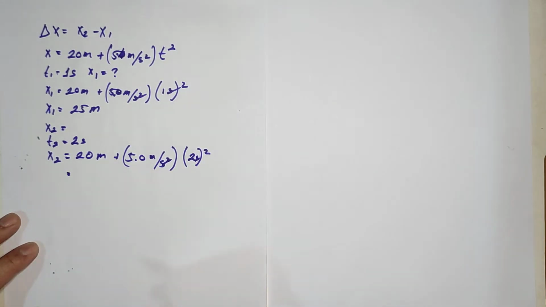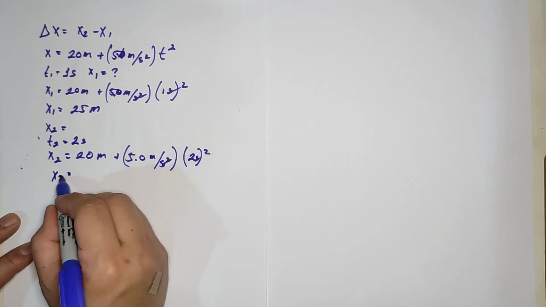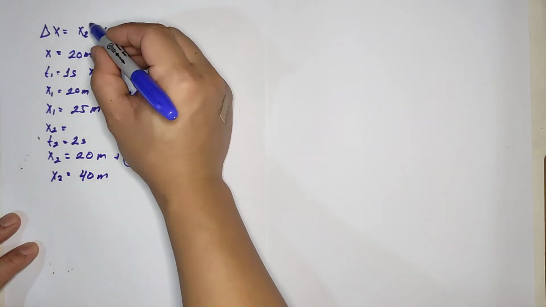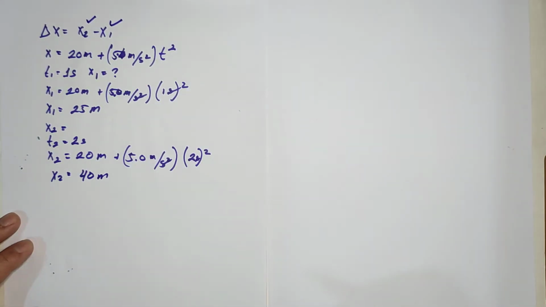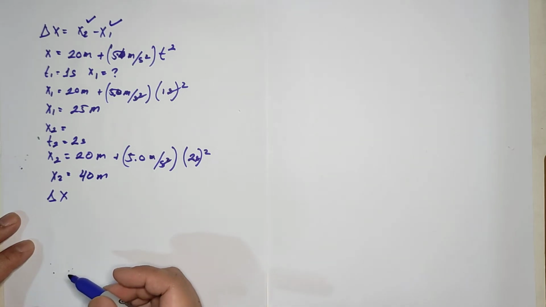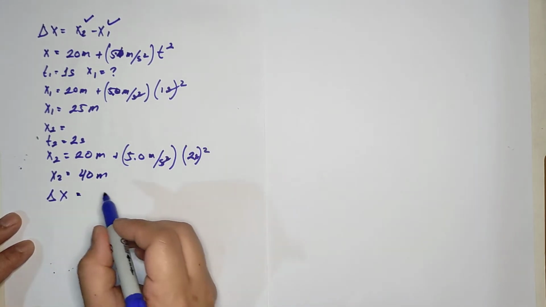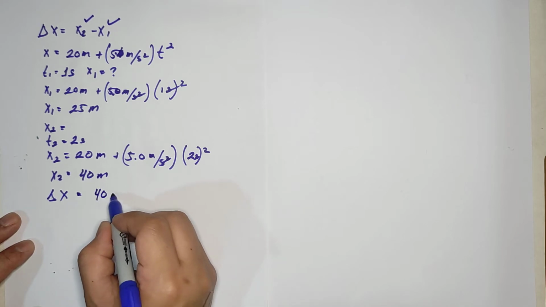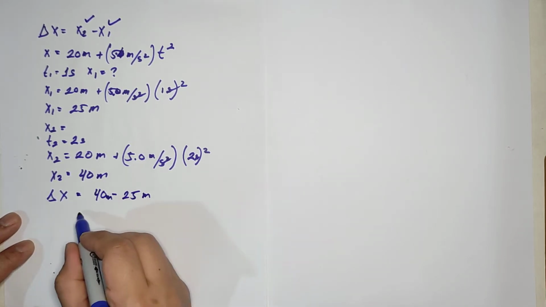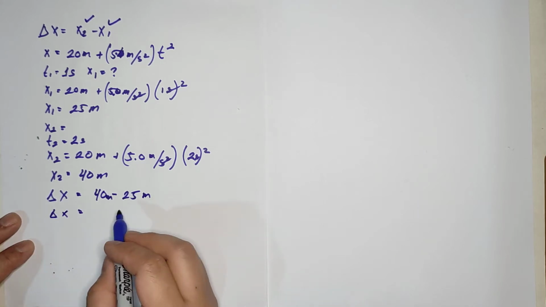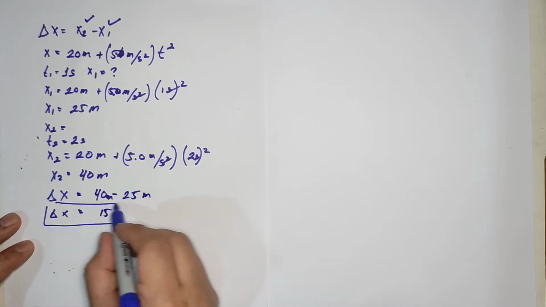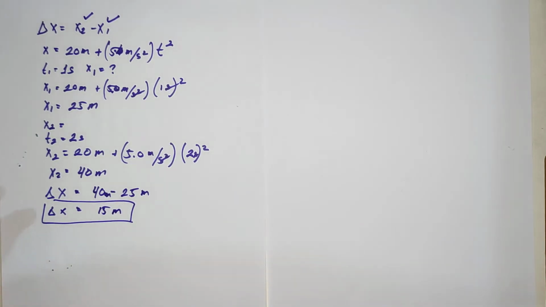So you now have x2 equals 40 meters. So the displacement from t1 to t2 would be x2, that is 40, minus x1, that is 25 meters. So you have the displacement equivalent to 15 meters. So that's the letter A.